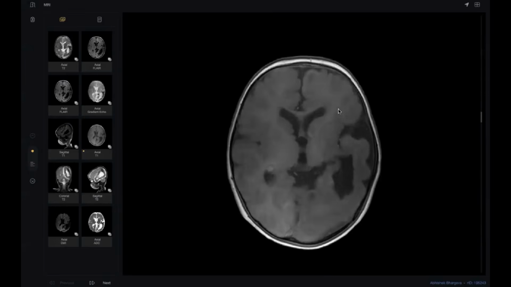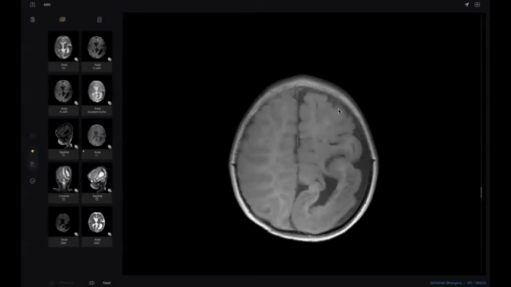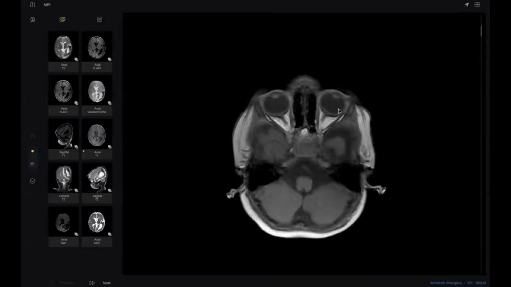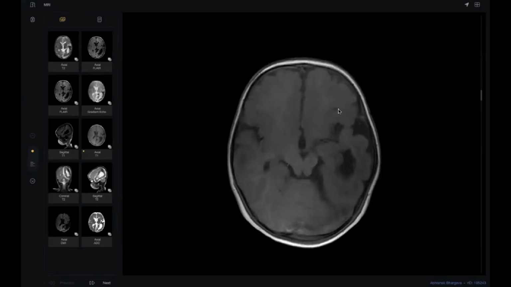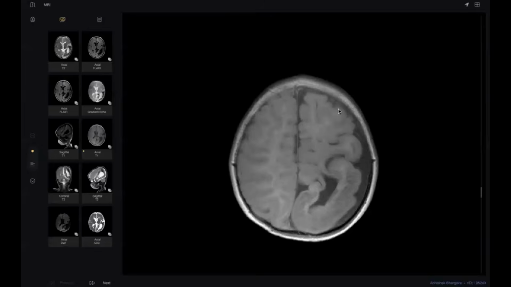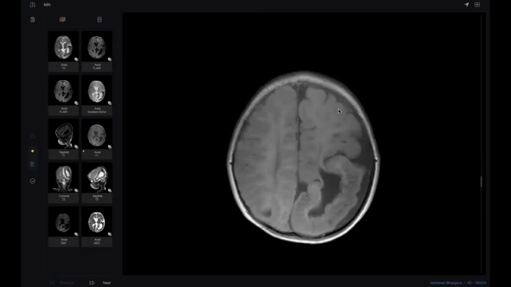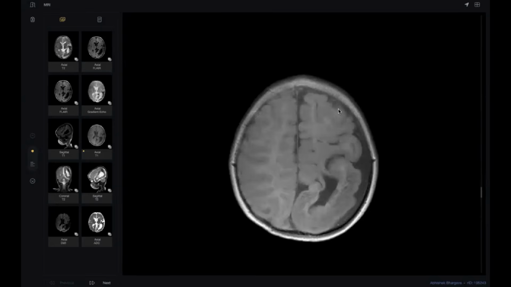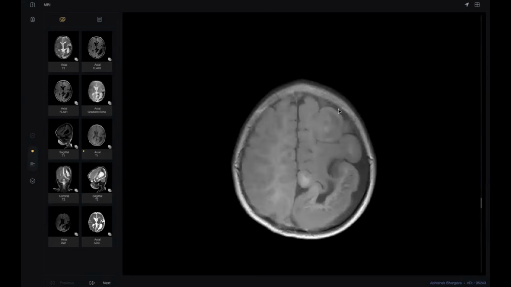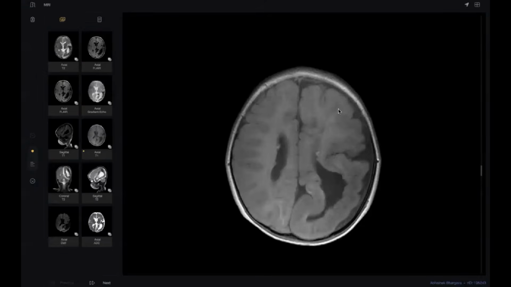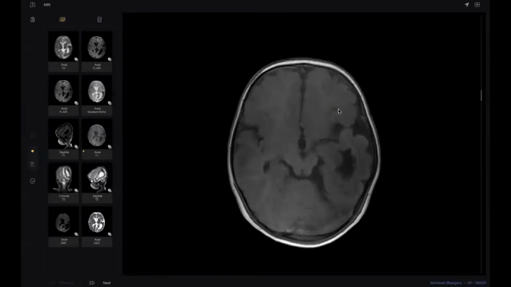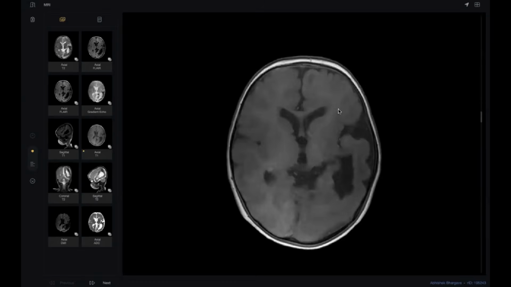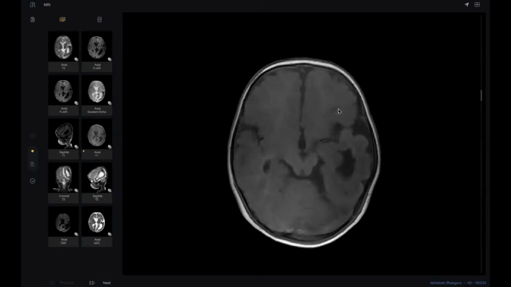I cannot appreciate any abnormality within the cerebellum or right cerebral hemisphere. Multiple subcortical hyperintense signals are also appreciated in the left frontal lobe and left paramidline mid-sagittal location with few cystic changes, likely encephalomalacia.